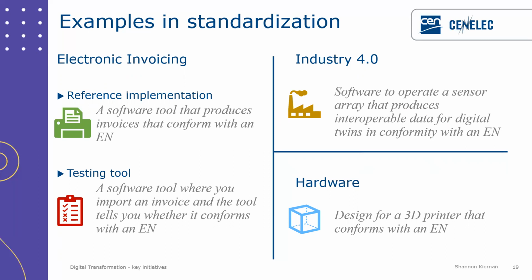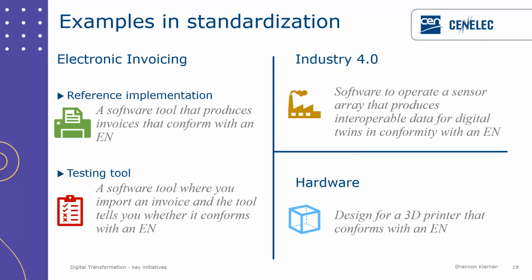You could also have a testing tool. For example, you might have a software tool where you import an invoice that you've already created, and the tool tells you whether or not it conforms by performing a number of checks.